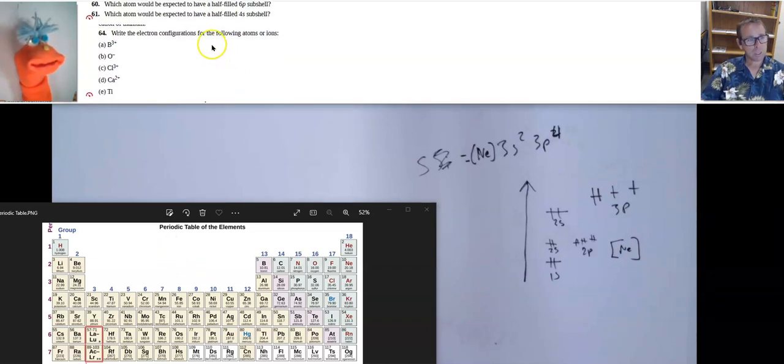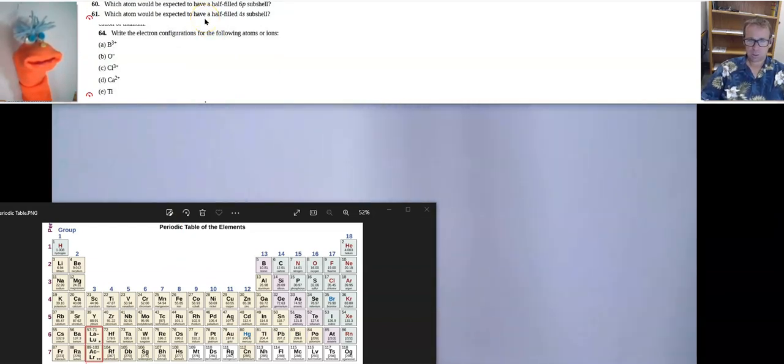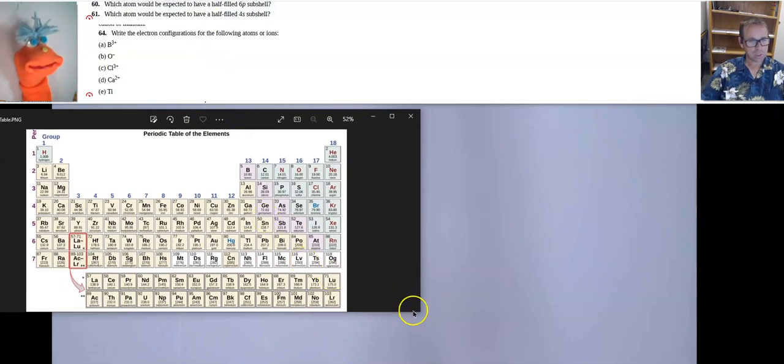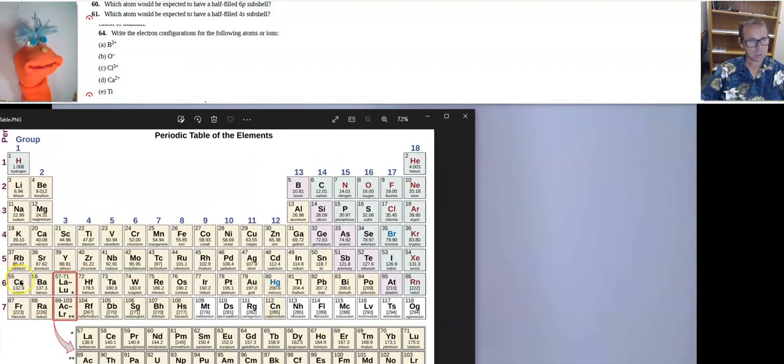Which atom would be expected to have a half-filled 6p subshell? If we look at our elements that have 6p electrons, these are our p, thallium to radon, right? Which one has a half-filled 6p subshell?